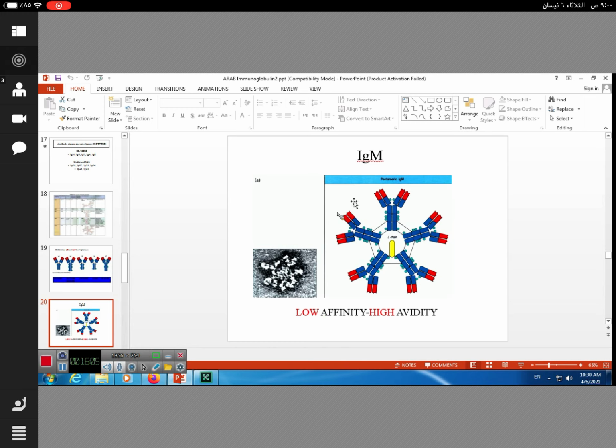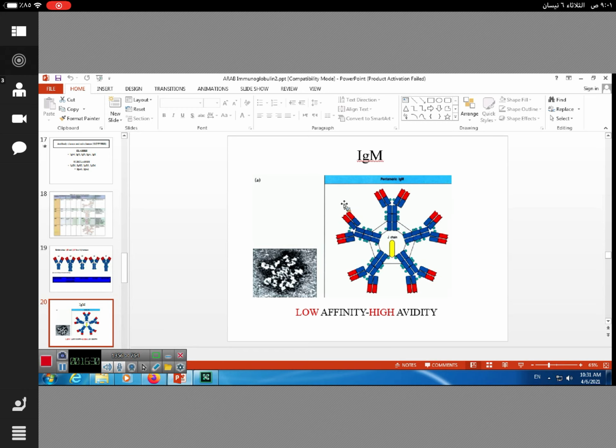Affinity is the connection power of one antigen binding site to its epitope, and avidity is related to all antigen binding sites.